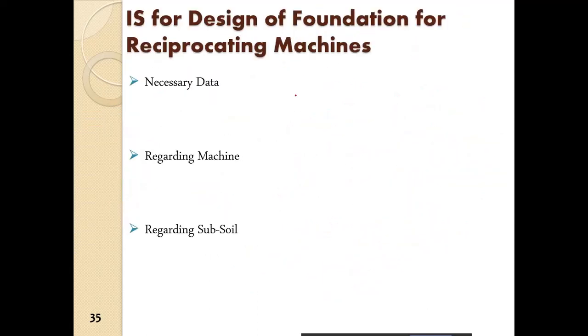Apart from that, whatever discussion we did regarding the reciprocating machines, we need here also. Regarding machines, we need the weight, that is the mass of the machine. Then the hammer: what is the frequency of the hammer, what is the efficiency of the hammer?